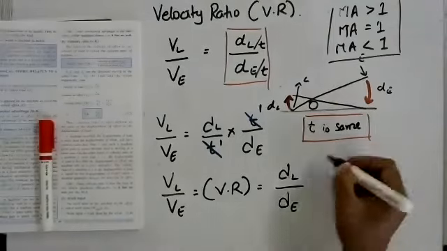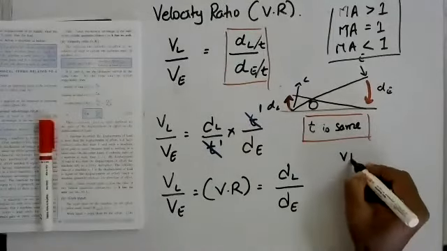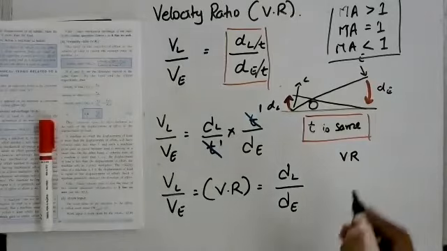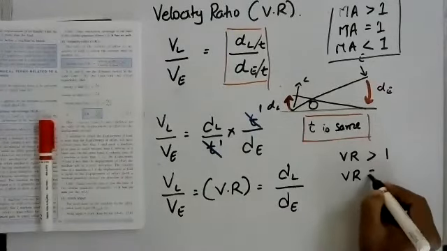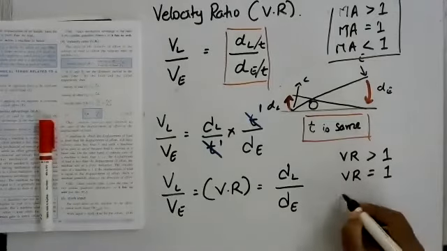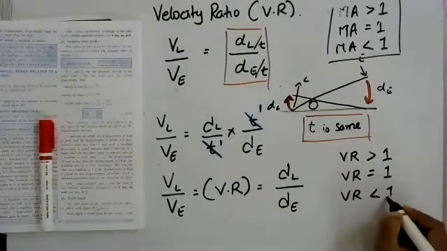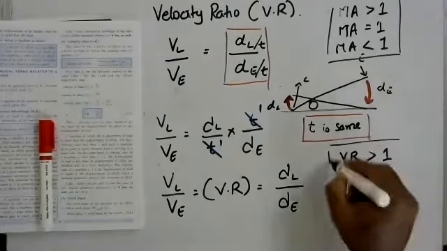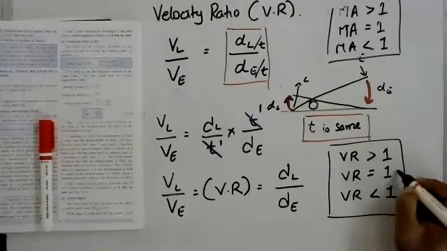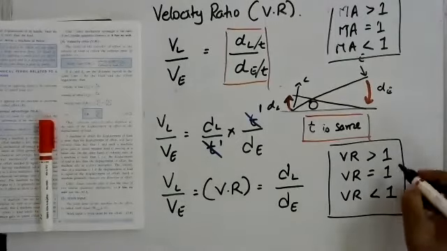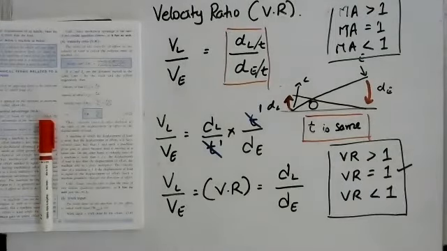So naturally the same thing occurs over here also. The velocity ratio of a machine can be greater than 1, equal to 1, and also less than 1. What does it mean when that happens? So can somebody tell me what the conditions are when velocity ratio is equal to 1?